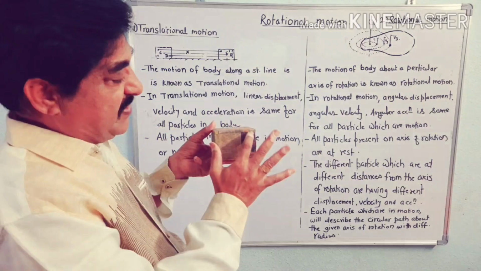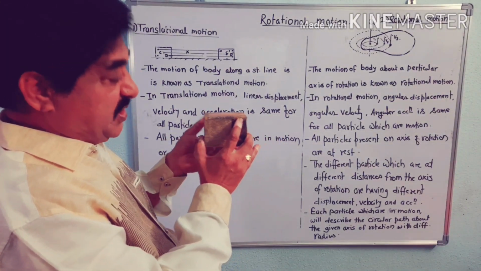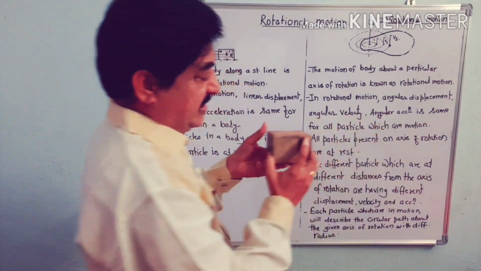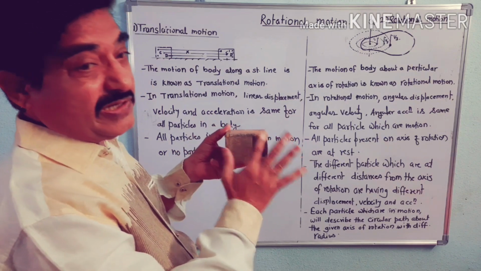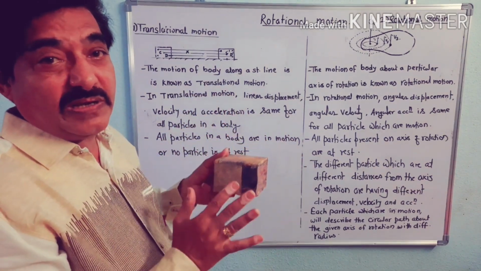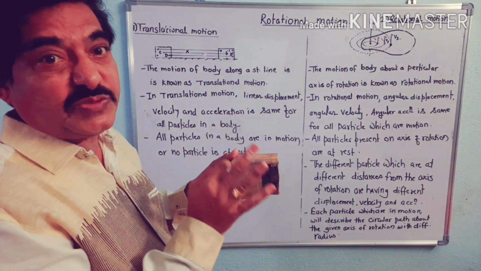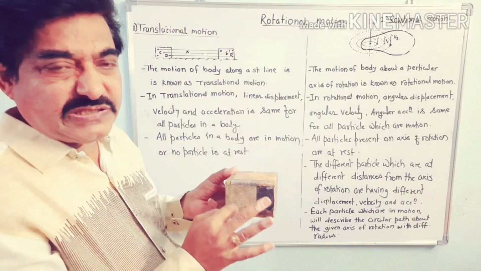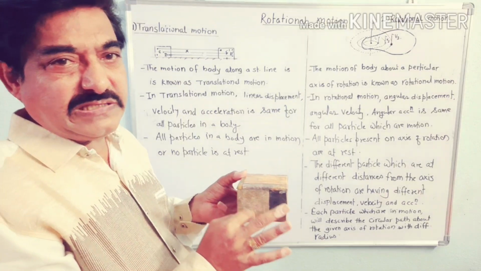At the same time, if we consider this particle and displace the body from position A to B, the displacement between this particle and this particle is one and the same. It means for every particle in a body, the displacement is the same. As the displacement is the same, velocity is the same and acceleration is the same.